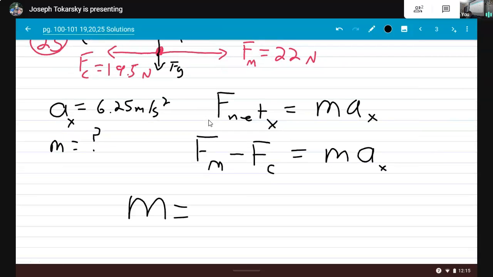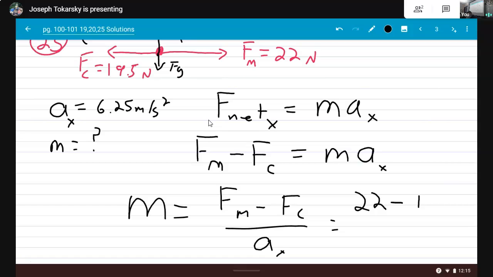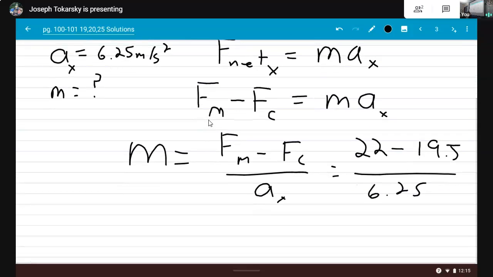Solving for m, all we've got to do is divide over a and plug in our numbers. 22 minus 19.5 divided by 6.25. Run these numbers, and the mass of this toy should come out to be about 0.4 kilograms, since it's mass.